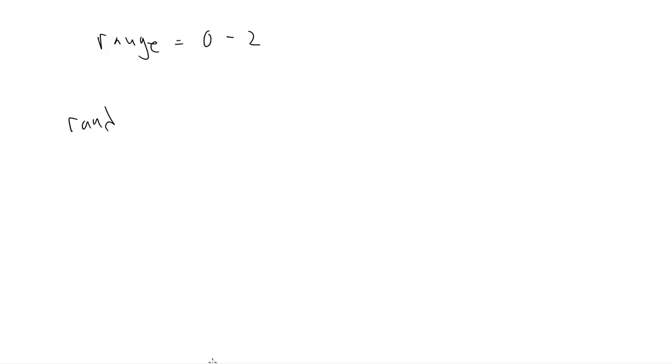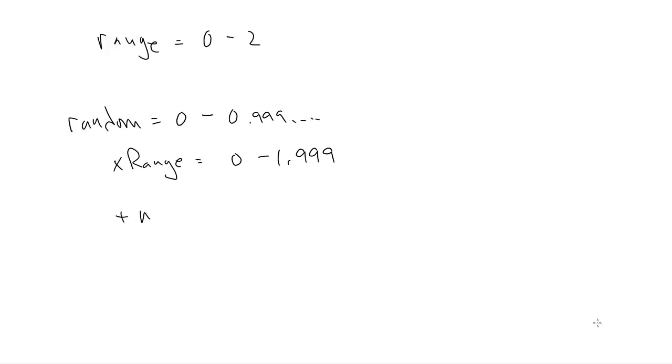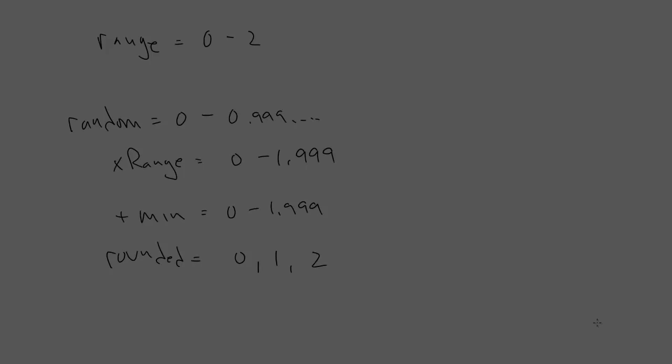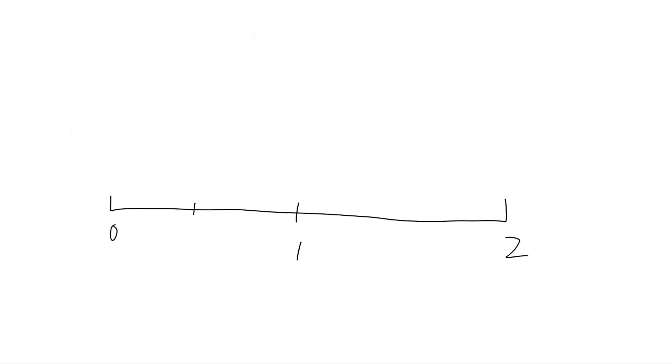The initial call to Math.random returns something from 0 to 0.999. Multiply that by max minus min, or 2, and add that to min, 0, and you get something from 0 to 1.999. Round that, and you have either 0, 1, or 2. That's what you want, but let's look a bit closer. If the number is between 0 and 0.4999, it rounds to 0.